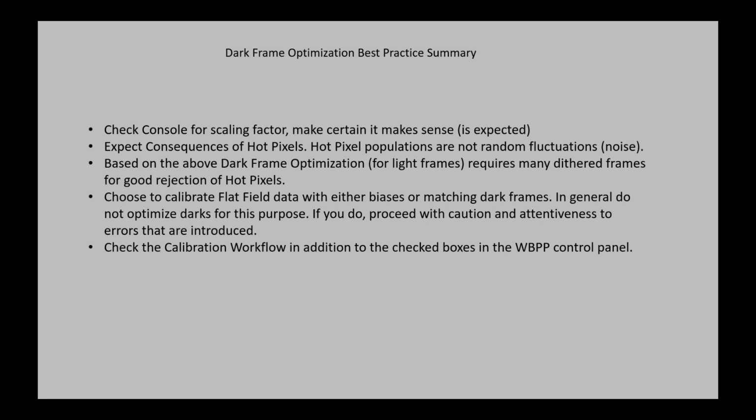And then finally, check the calibration workflow diagram. I should have added the diagram there. In addition to the checked boxes in the WBPP control panel, just to be sure that, if you weren't paying attention, you know whether you are or are not using the dark frame optimization.